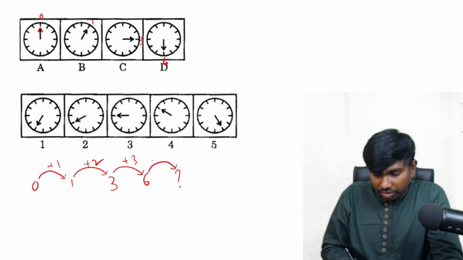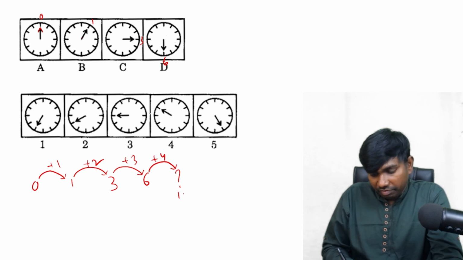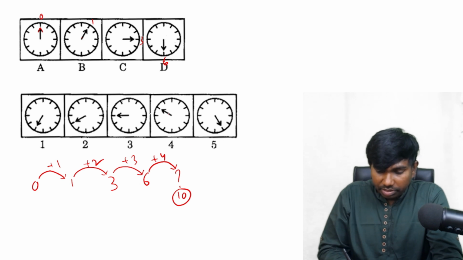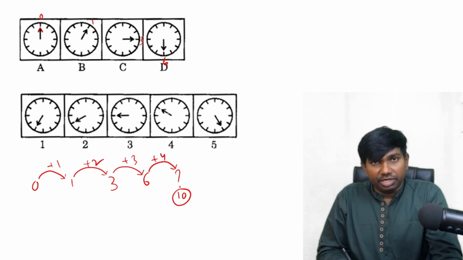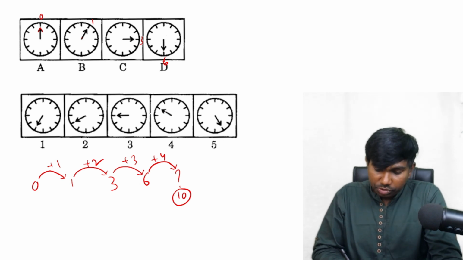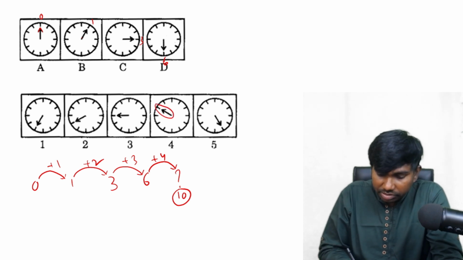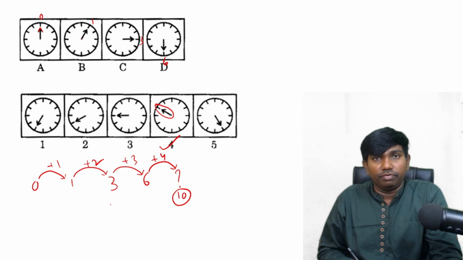We should add +4 to get the answer. That will be 10. So the pointer, our hand, it can be an hour hand or minute hand, should point towards number 10. Number 10 pointing is here. So the answer is option 4, figure 4.